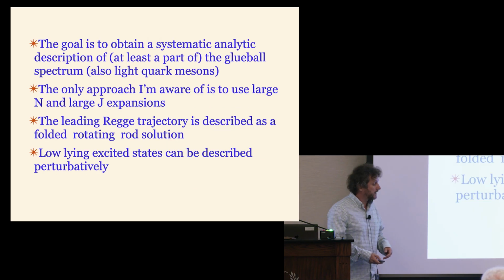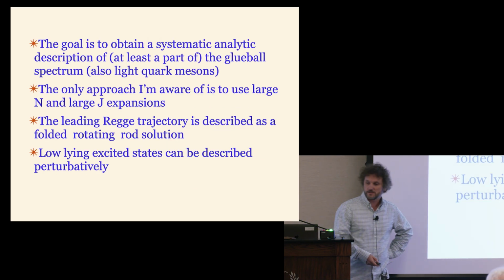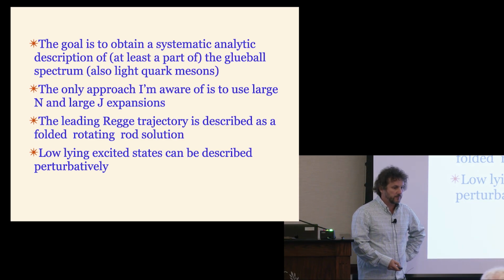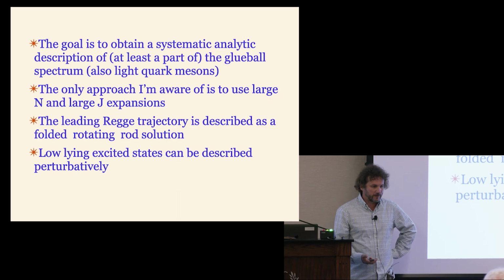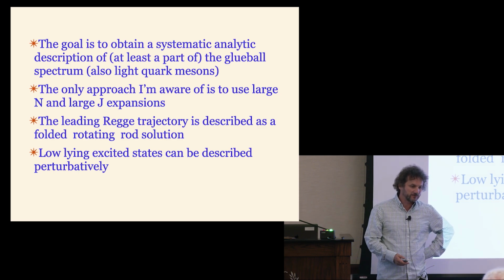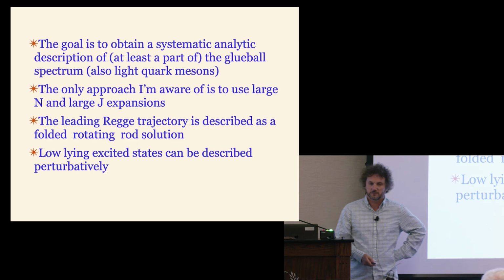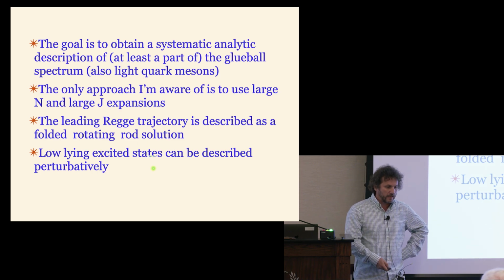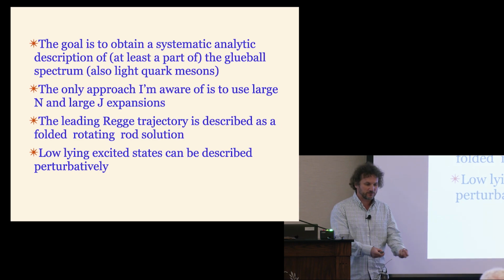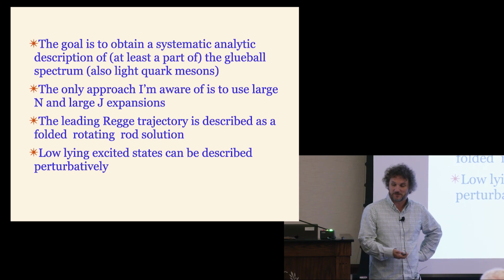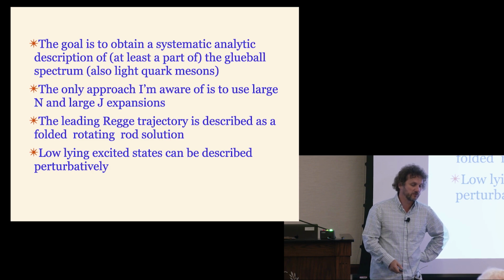So, the main goal for this line of research is to obtain a systematic analytic description of the glueball spectrum, or at least part of it, hopefully a large part. And also light quark mesons. For heavy quark mesons, part of the spectrum can be approximated by Coulomb interactions of quarkonia.